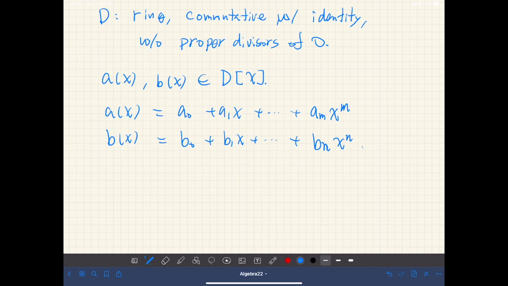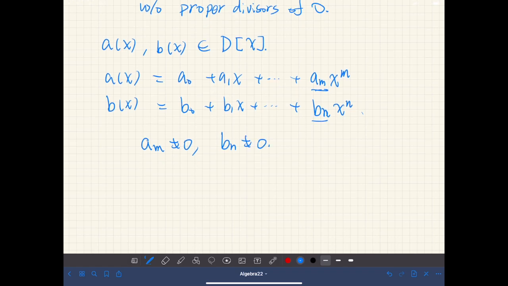And we assume that the coefficients of the highest degree term are non-zero.